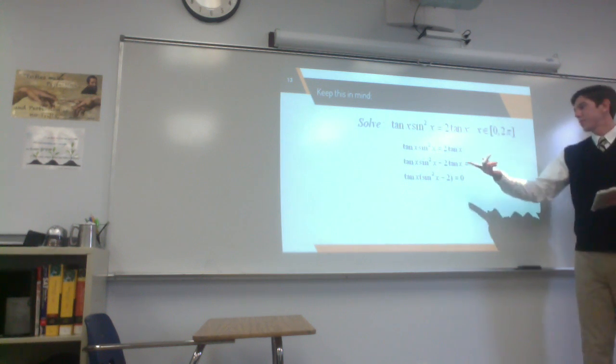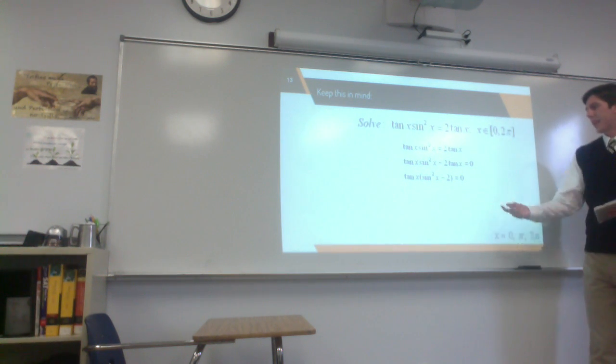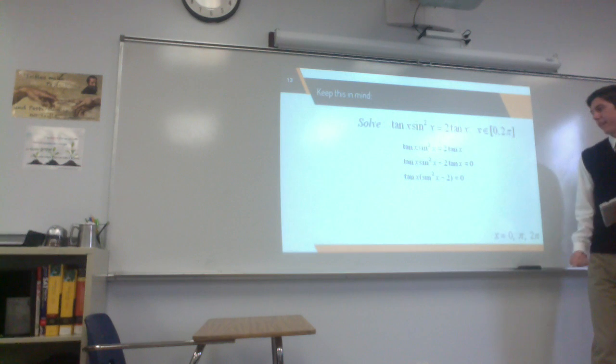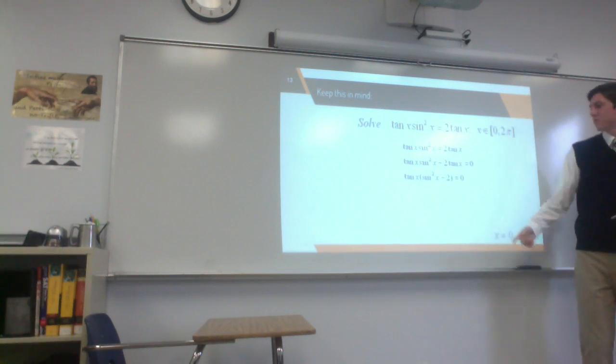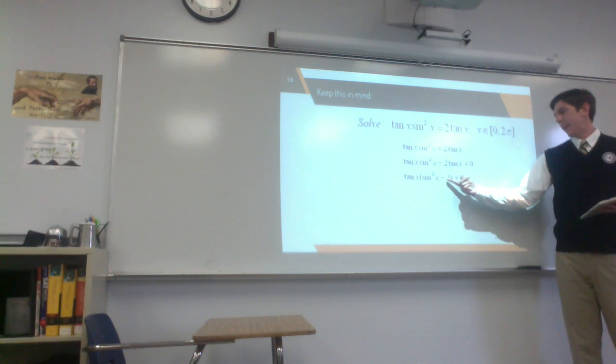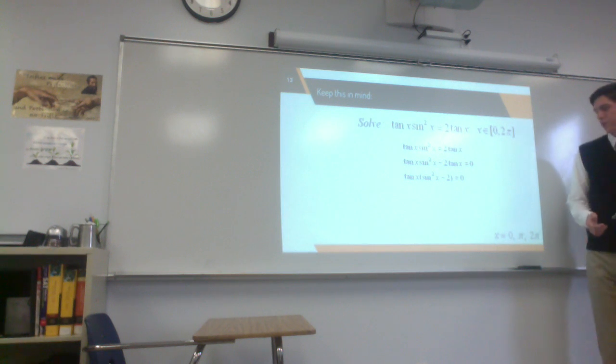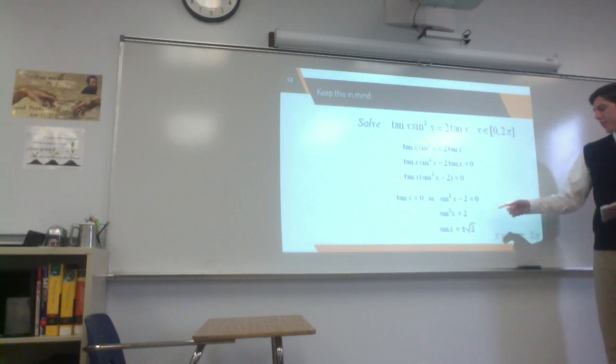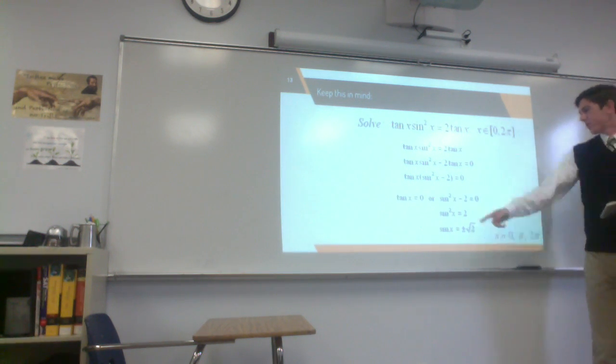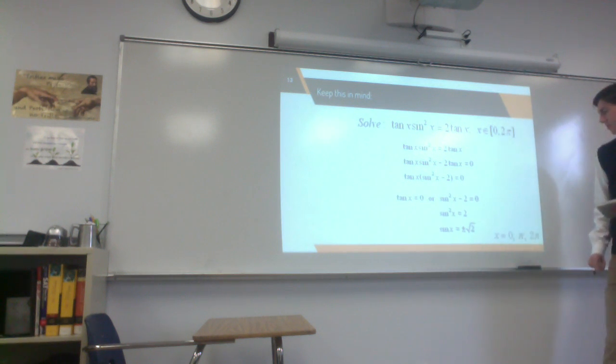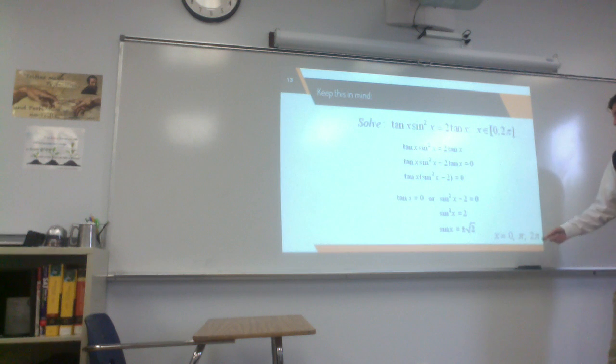Now we can factor out a tangent x, and it's tangent of x times (sine squared of x minus 2) is 0. Now look, we have two things that equal 0, tangent of x and sine squared of x minus 2. We already know that this doesn't give us an answer, so we'll just focus on tangent. Tangent of x is equal to 0, and if we solve that, then x is equal to 0, pi, and 2 pi.